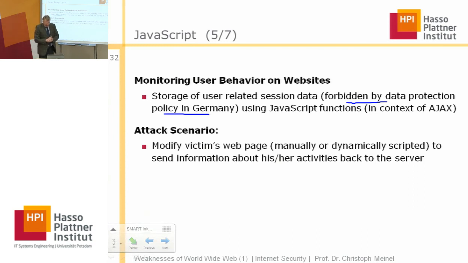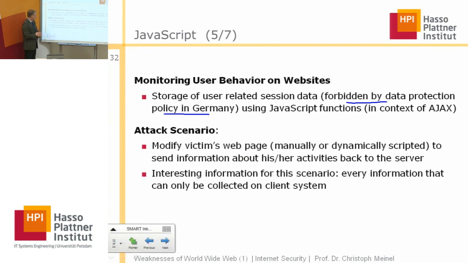The attacker modifies a victim's web page, manually or dynamically scripted, to send information about the user's activity back to the server. So the server, by means of JavaScript controls, is able to record and see all the activities that the user did.